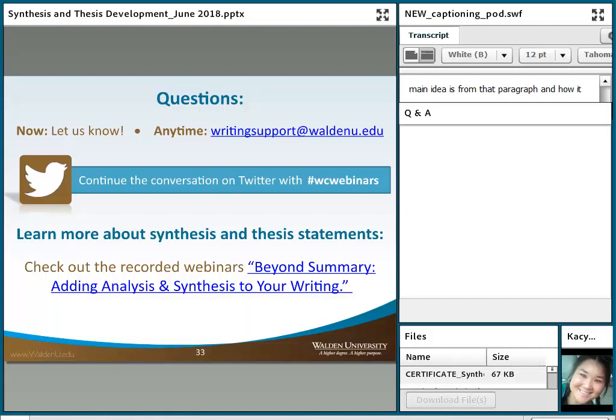But you want to make sure that with that analysis part, you're giving that really clear conclusion, the bigger so what, the why this matters for my paper as a whole. And that can, depending on where it is in your paper, be that lead out, right? It's kind of reminding your reader what the bigger argument is. It's bringing back all that great information so that it connects really clearly to your thesis, and then bringing you into the larger topic.